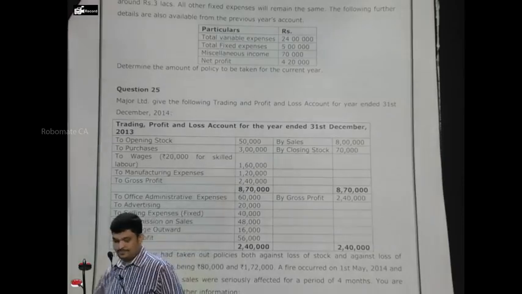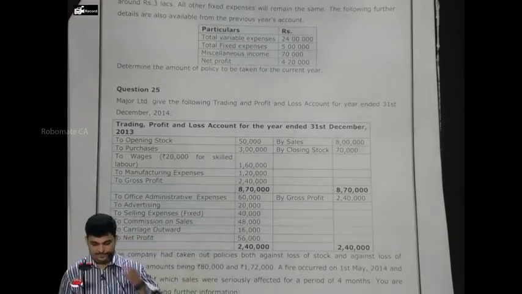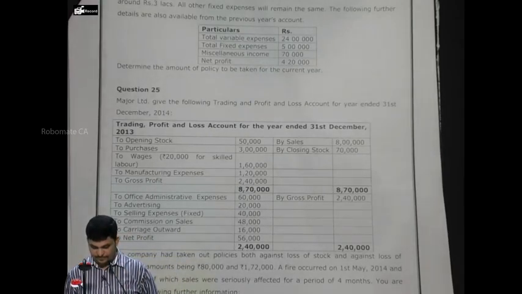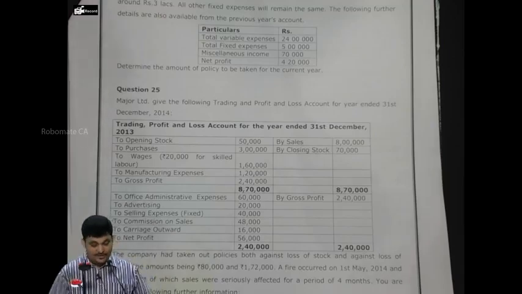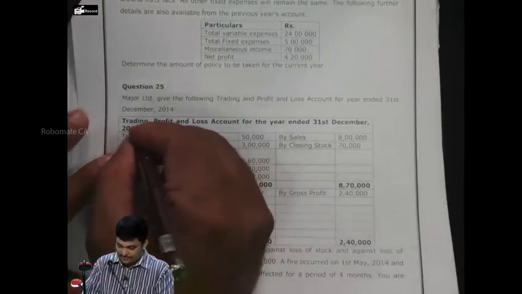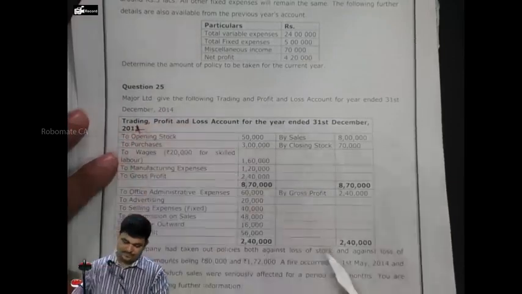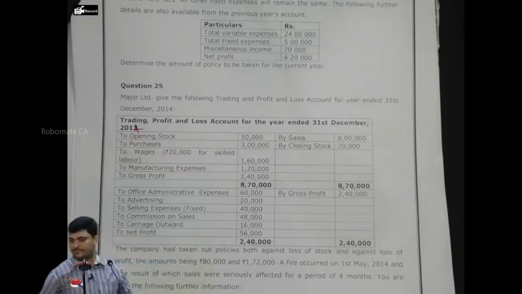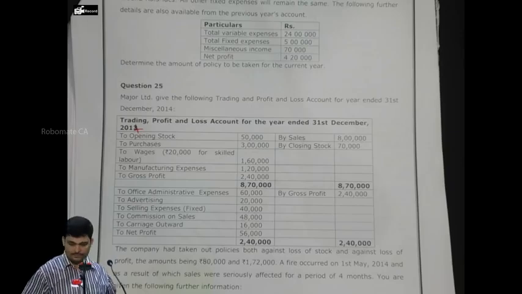Question number 25. Major Limited gives the following trading and profit and loss account for the year ended 31st December 2014. To opening stock 50,000, to purchases 3 lakhs, to wages 1,60,000 for skilled labor, to manufacturing expenses 1,20,000, to gross profit 2,40,000.